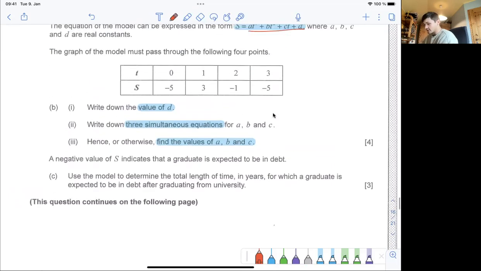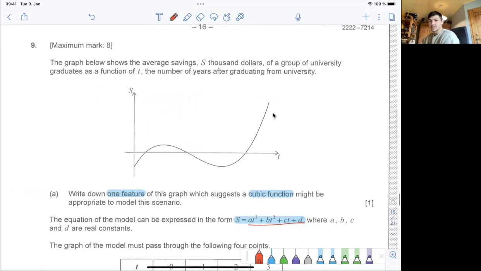So if we go back up to our graph here, essentially what this question is asking us to find is the total amount of time that this graph is below the x-axis, or the t-axis, if you will. That is this time here. So how long is that time there? And then also how long is this time here?